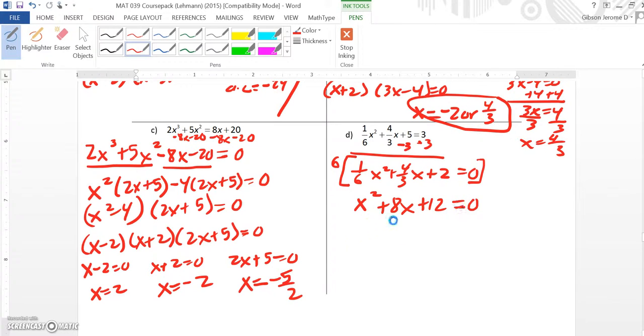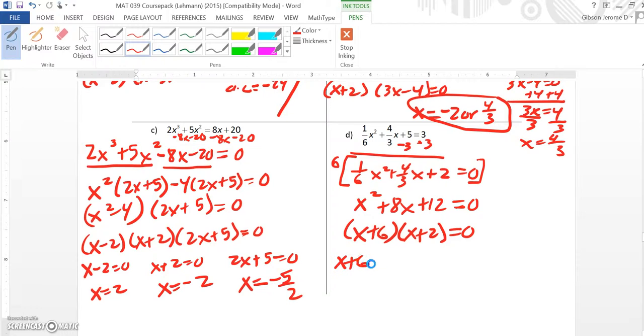And they equal 0. Now we could take the factors here. We have x squared plus 8x plus 12. We know this will give us x plus 6 and x plus 2. If you need to go through the whole process, feel free to do it. You can set your a, b, and c, multiply a and c, substitute, group, and then factor.